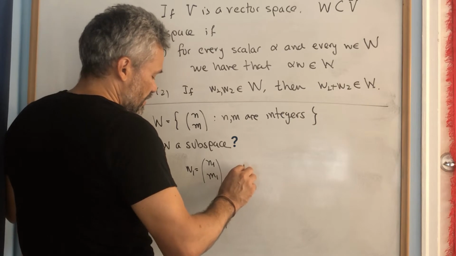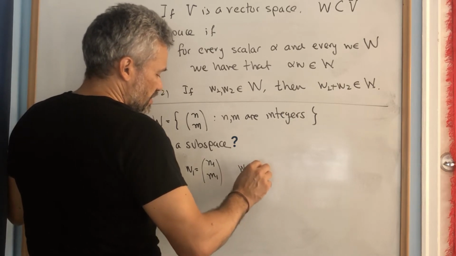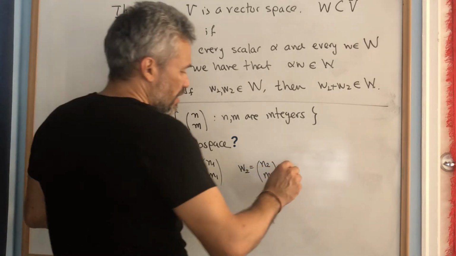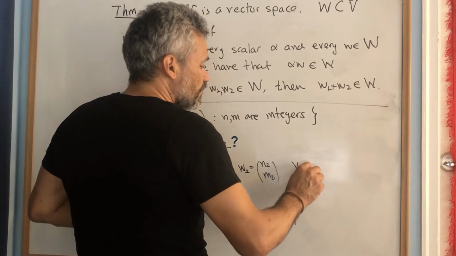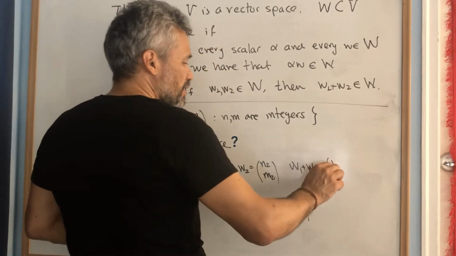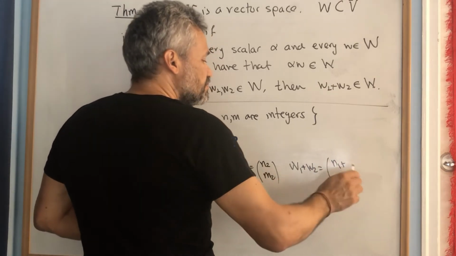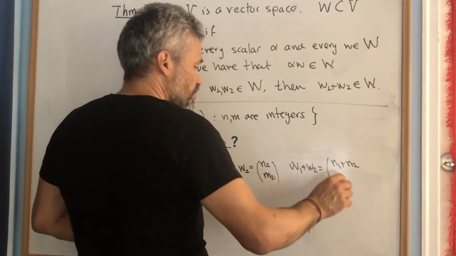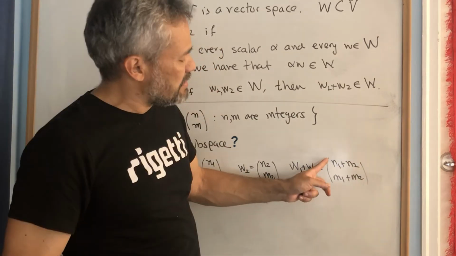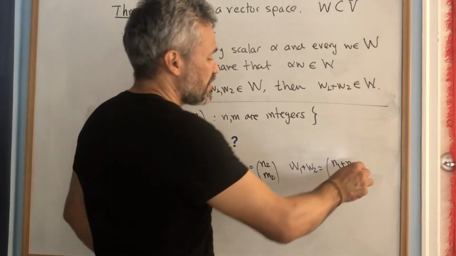And if we take this other element and add them, I get n1 plus n2, and m1 plus m2. Since the sum of integers is an integer, this vector is a vector in W.